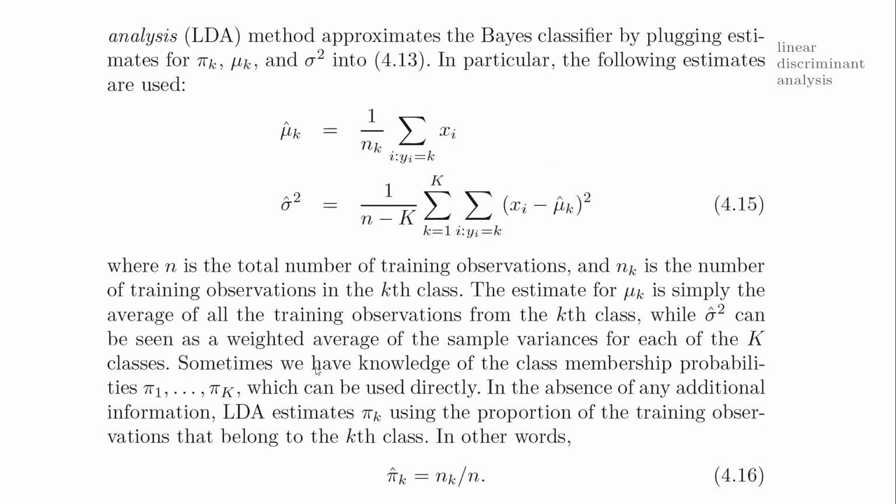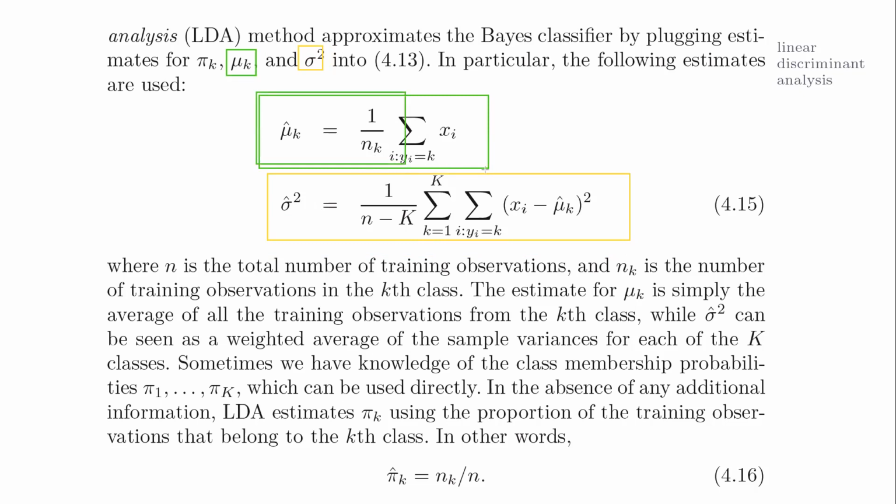But apparently, what we're going to do to estimate mu k is this. So this gives you an estimate of mu k that you can then use for the Bayes classifier. And this gives you an estimate for sigma squared, which again, you'll then use for the Bayes classifier. The green is extremely simple.